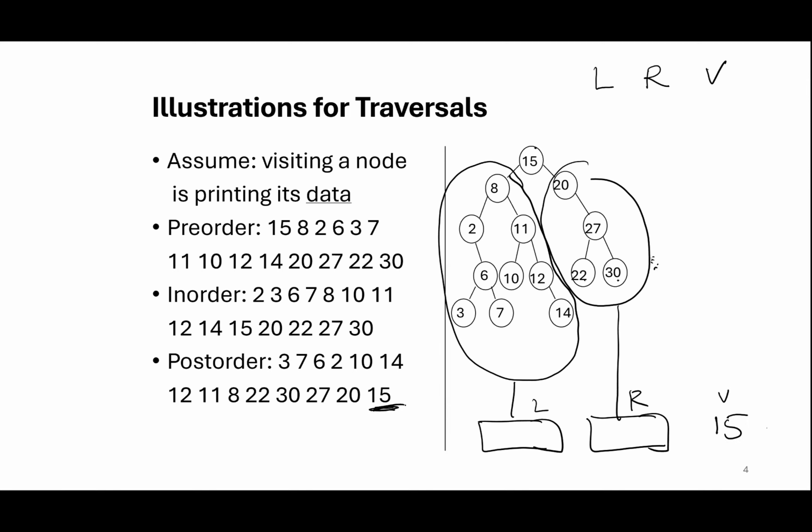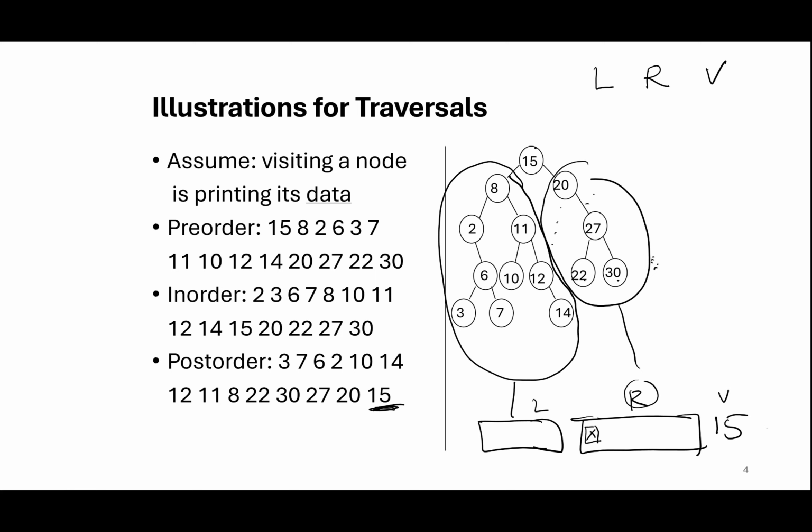Let's see what happens if I do this in the right subtree. So left, right, visit. You see there is no left here, so that means this is blank. Then I have to do the right here.